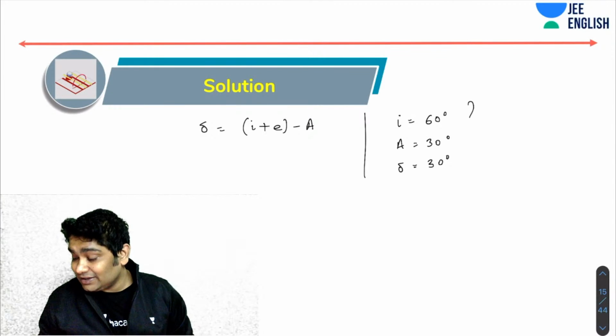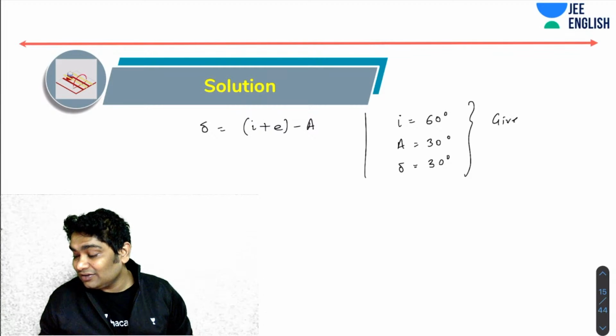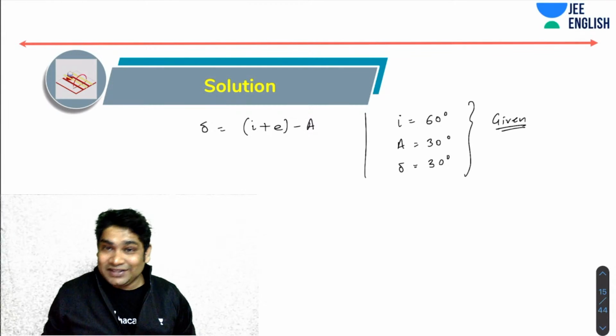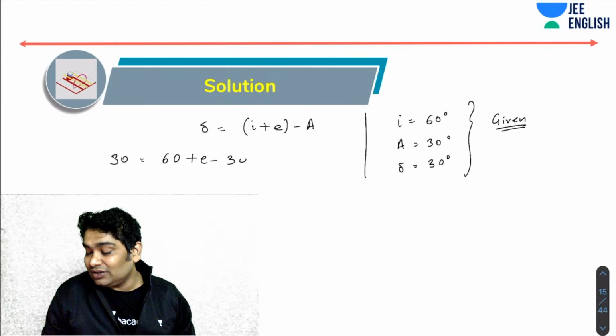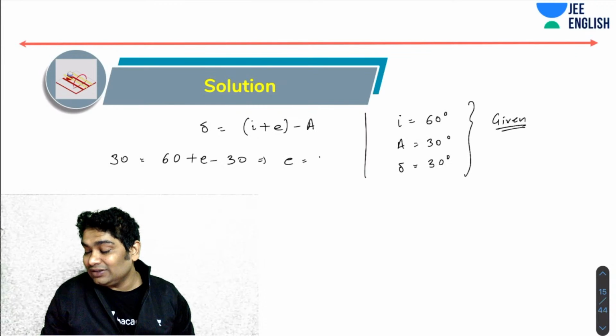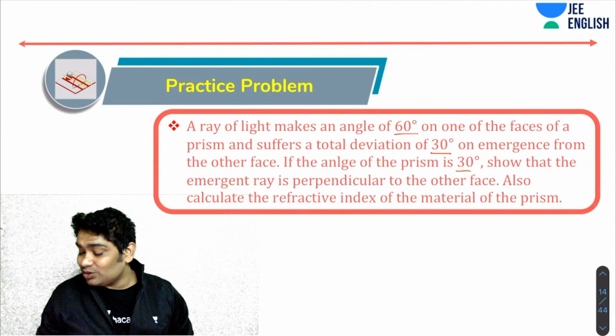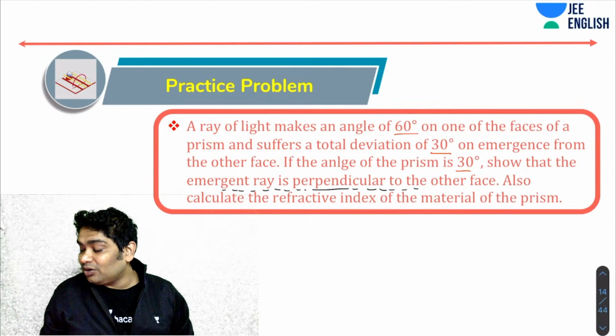These things are given to us, so let's substitute all these values. 30 should be equal to 60 plus E minus 30. That gives me E as 0. Yes, the angle of emergence is 0. That is what we had to prove: that the emergent ray is perpendicular to the other face.